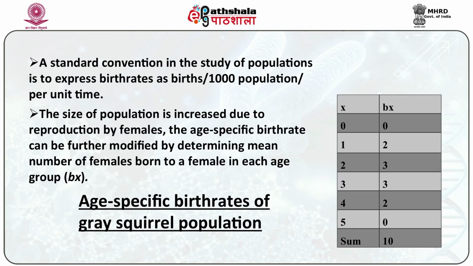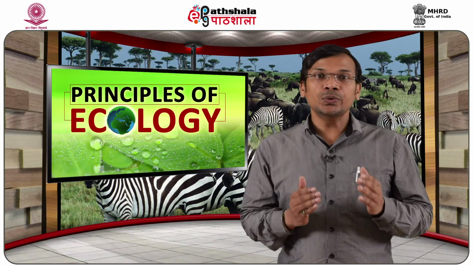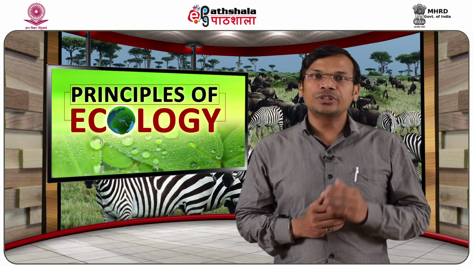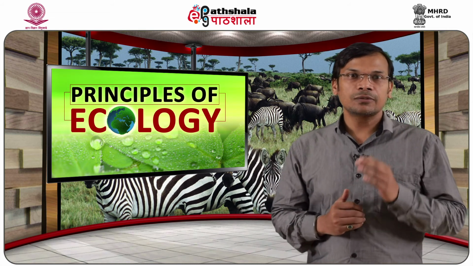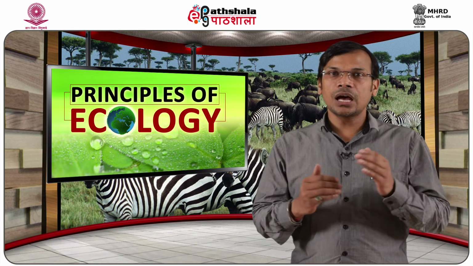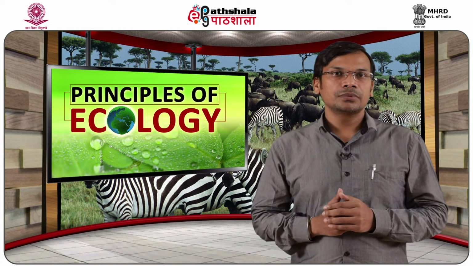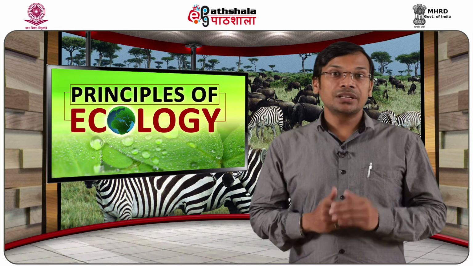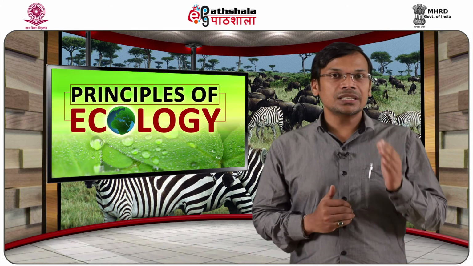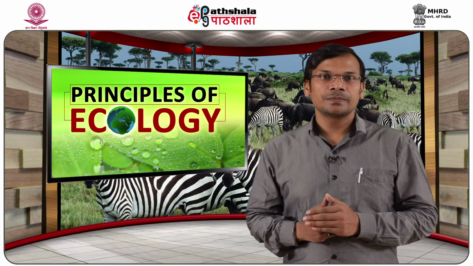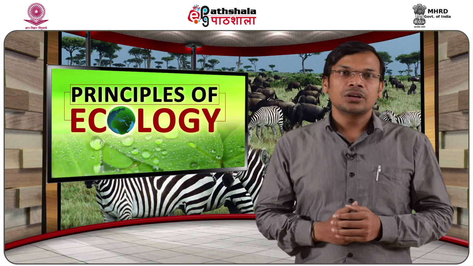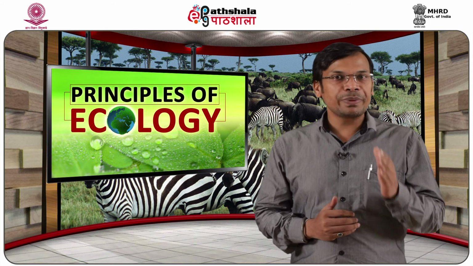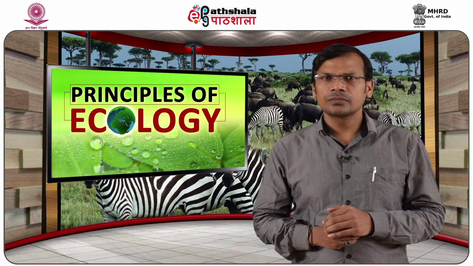However, in this example, the value assumes that the maximum survival of the female squirrel is 5 years. Now, the next step is to measure the net reproductive rate, which integrates the age specific birth rate and the probability of survival of a female to any specific age.